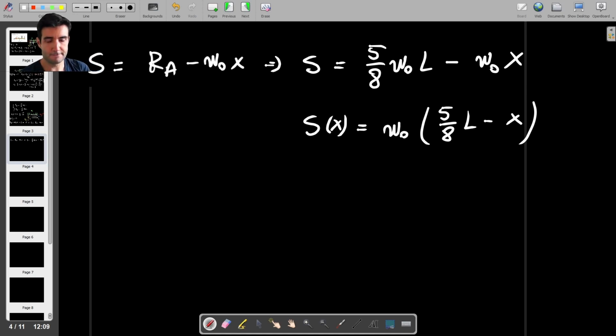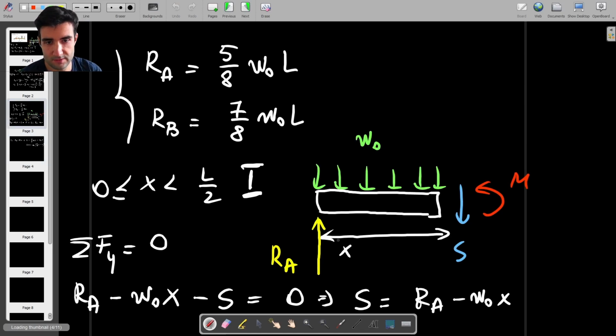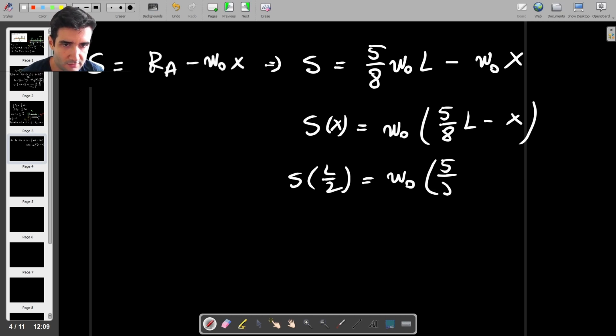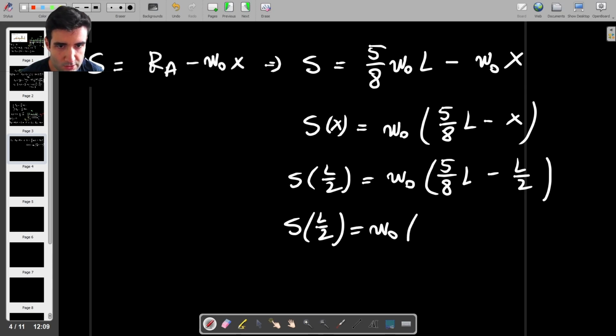Okay, so this allows us to find the shear force at the middle, at the upper bound for x rather, which is L over 2. So let's do that just to see what it is. This is W naught times 5 over 8 L minus L over 2. So S of L over 2 is W naught times 5L minus 4L over 8.